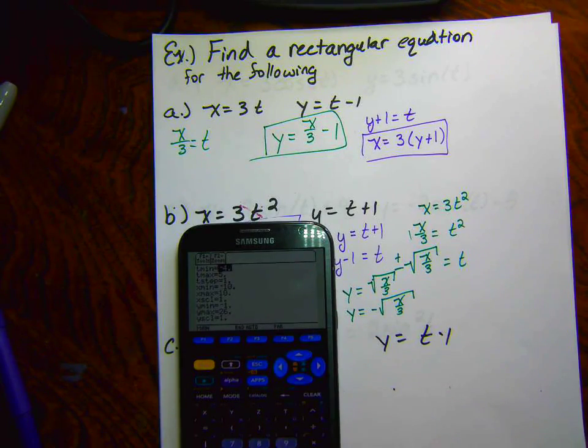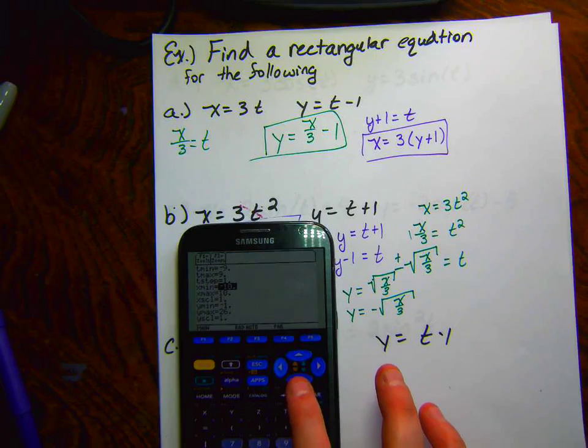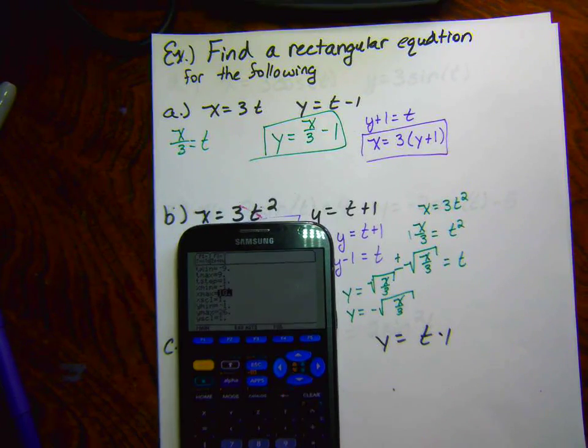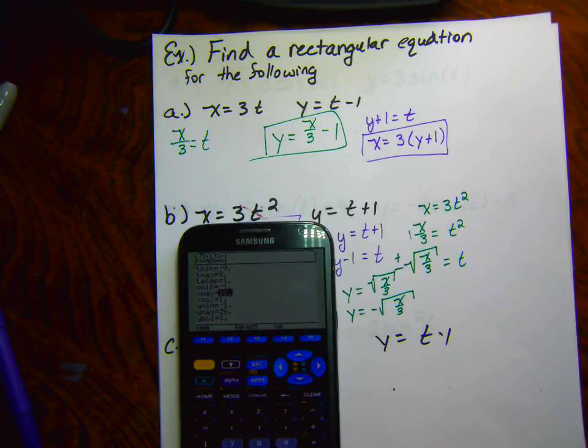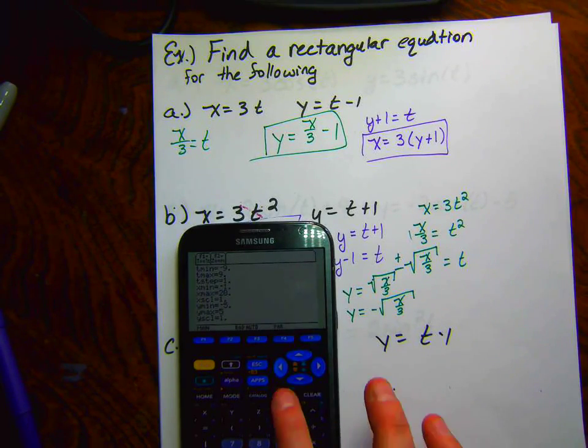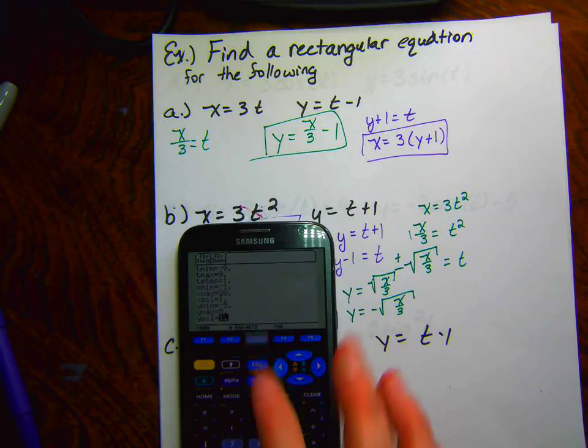Let's make our t min -9, our t max 9, and let's go by a step of 1. Let's make our x min -1, and let's make our maximum 20. And for our y min and max, let's make that -5 and 5. Let's see what that graph looks like.